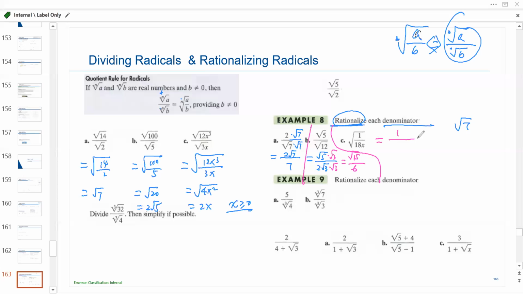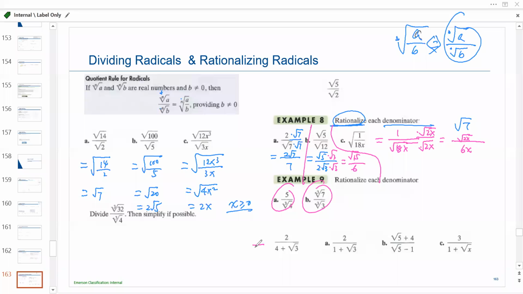Top is 1, here it became square root 18x. So we multiply both by 2x. Why 2x? Let's think about this one. It becomes square root of 36x squared, so it became 6x. The top part became 2. So the bottom part is rationalized, right? I believe you guys can do this one quickly.